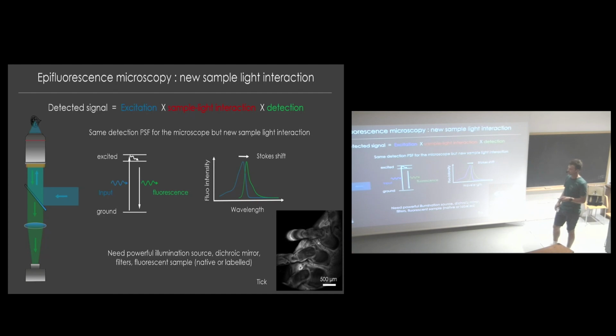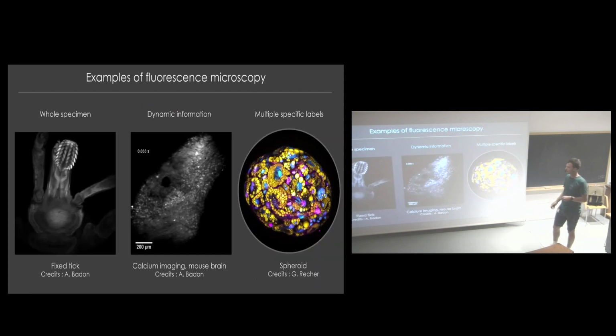If you have the correct filters, you can, by doing this, have different colors. Each color corresponds to a different type of cell or different structure. For instance, here, these are adipocyte cells. They produce fat. And what you see in yellow are just oil droplets that are present in these structures.